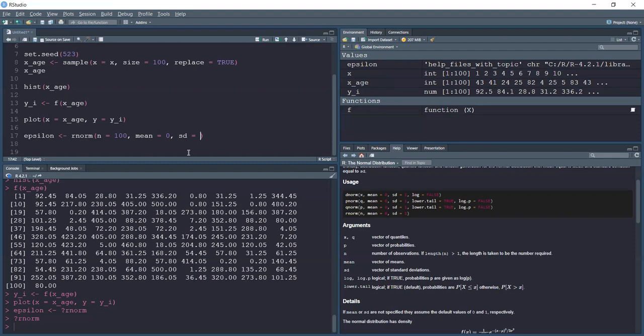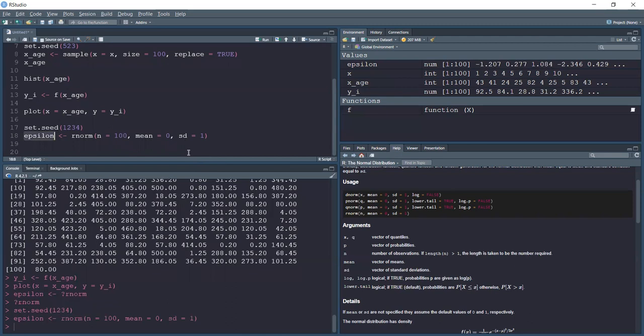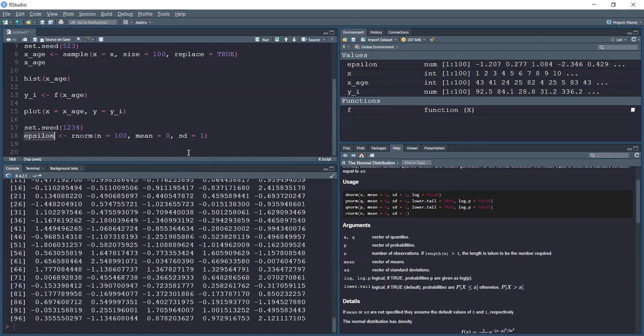I'll take a standard deviation of 1 for the simple reason that the book, although we could change it, uses it. Let me set the seed as well, and we'll take whatever, 1, 2, 3, 4. Run it, and this is the error term. There are 100 error terms, and what I'm going to now do is create uppercase yi, which is going to be yi.